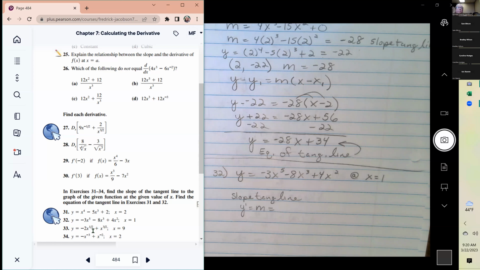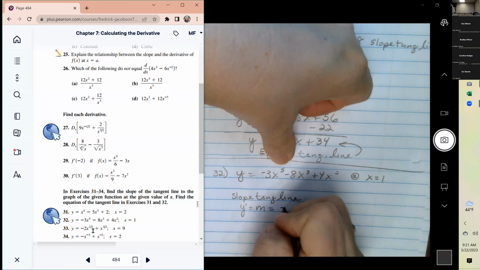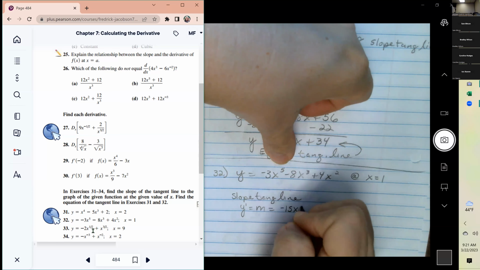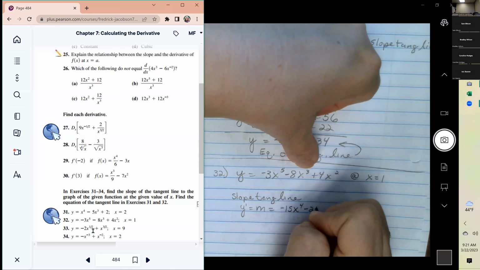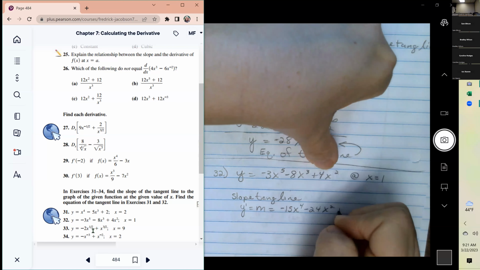Anyone find it yet? Yep, that's what I got, negative 31. When we take our derivative, negative 15x to the fourth minus 24x squared plus 8x.